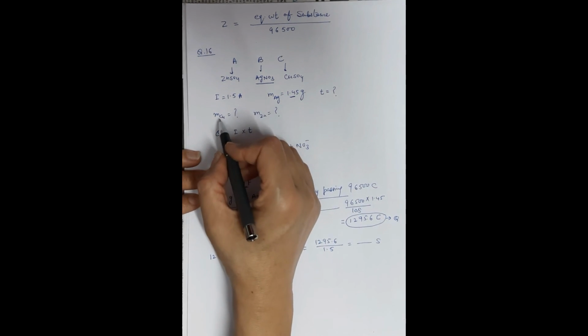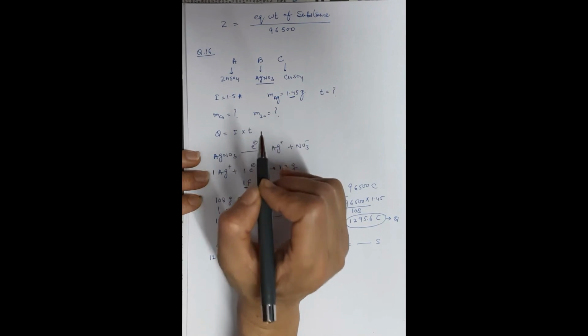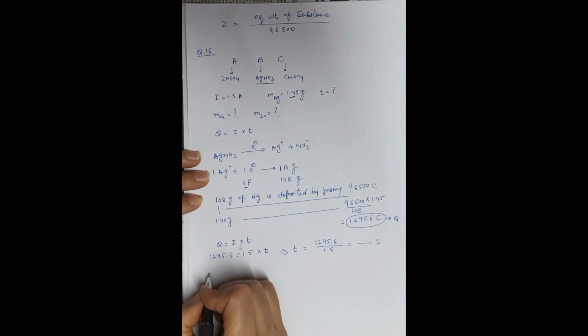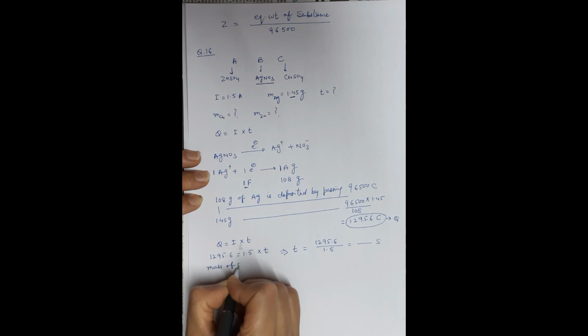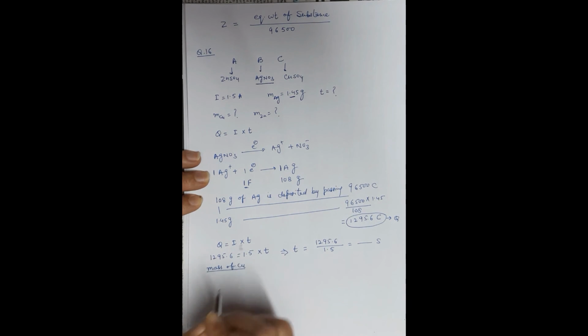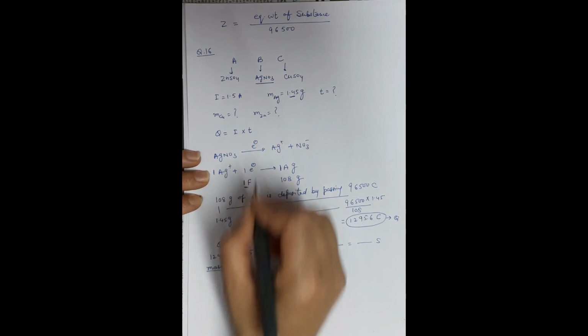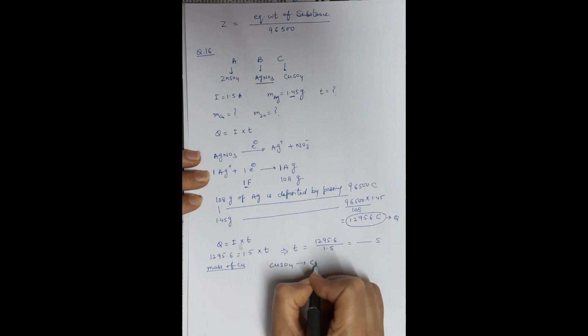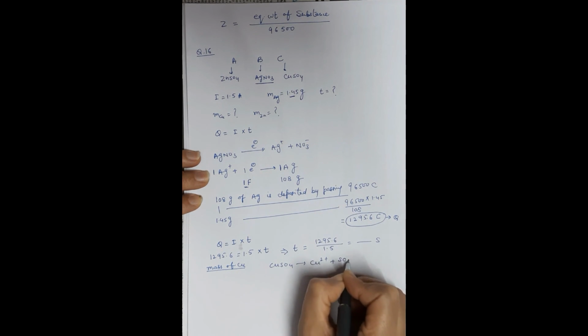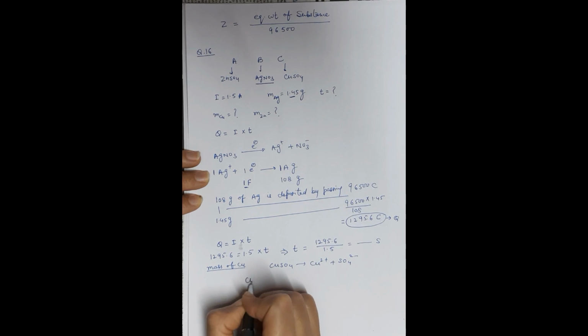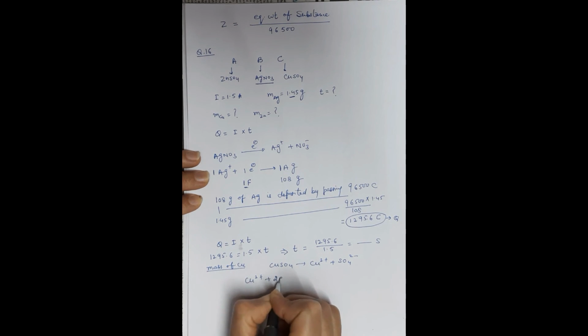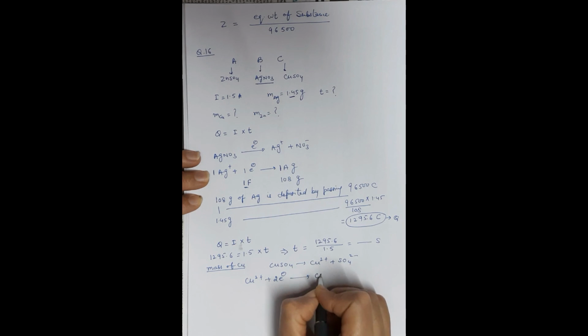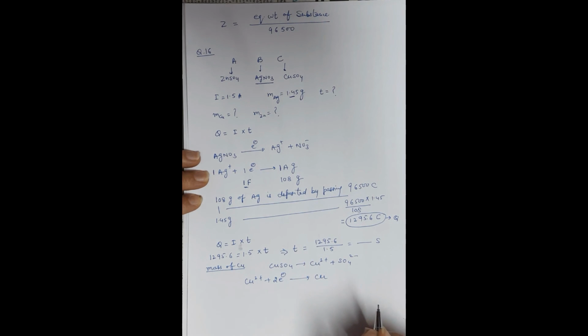We also need to find out the mass of copper and zinc that is deposited. Let's try to find out the mass of copper. Copper sulfate ionizes to give you copper ions plus sulfate ions. Copper ions will gain 2 mole of electrons and change to 1 mole of copper.